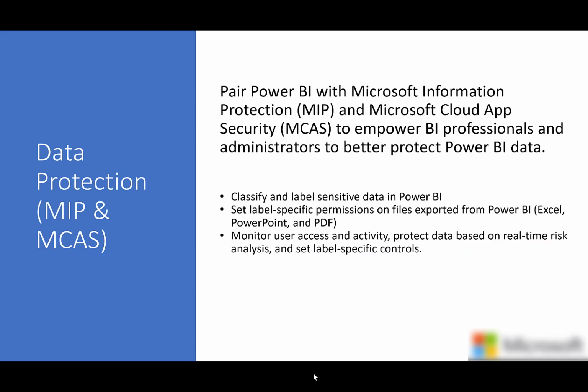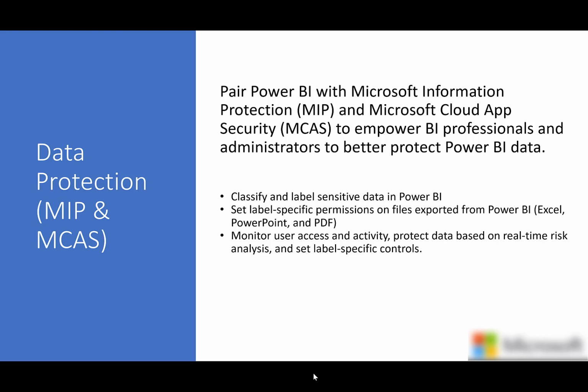Next, let's overview data protection, Microsoft Information Protection, and Microsoft Cloud App Security. So these capabilities allow you to classify and label sensitive data in Power BI. I'll walk through a couple of examples in these slides, but effectively you could label a data set as having something like PHI, and in that case, it may do a couple different things.